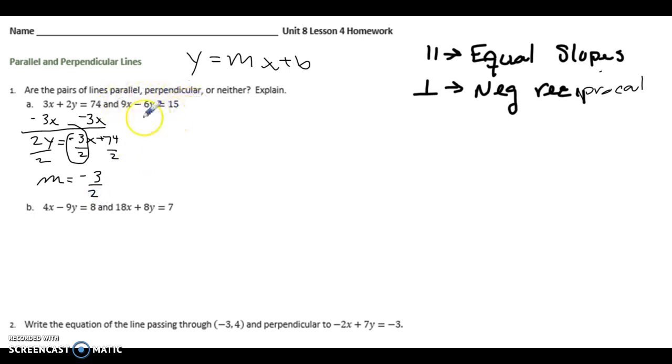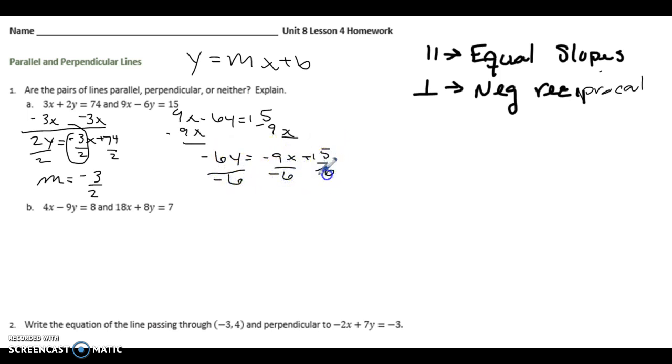And then I'm going to do the same thing with the second equation, which is 9x minus 6y equals 15. And to solve for y, I'm going to subtract 9x, subtract 9x. I can't combine the 15 and the 9x because they are not like terms, so I would have negative 6y equals negative 9x plus 15, and then I'm going to divide by negative 6.